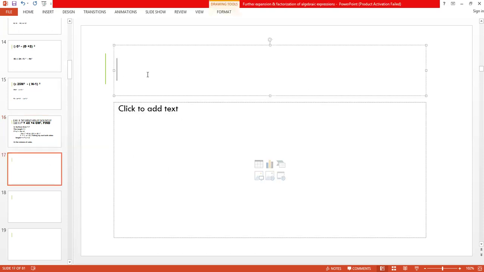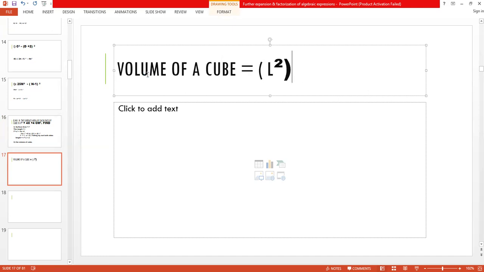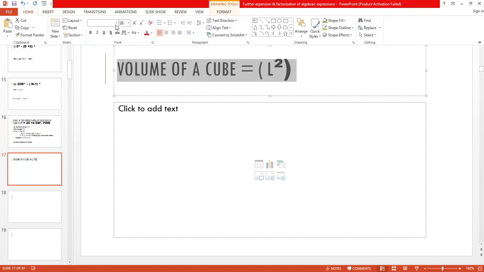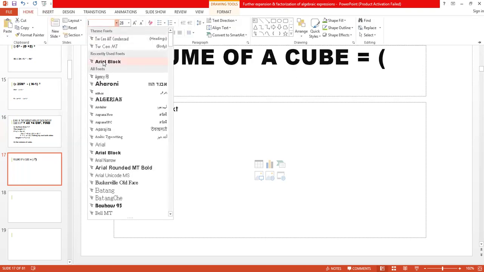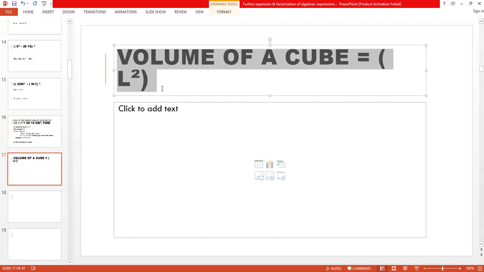What is the formula for volume of a cube? Volume of a cube. Obviously, it is equal to length into breadth into height. Okay. Or we can say it is equal to L square, bring it down here.